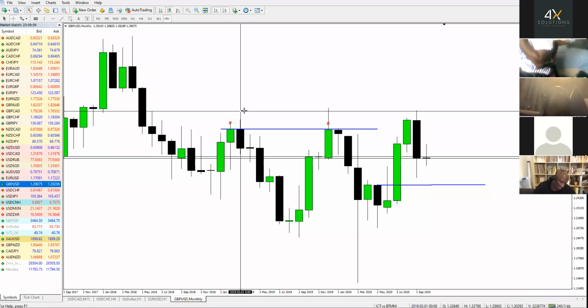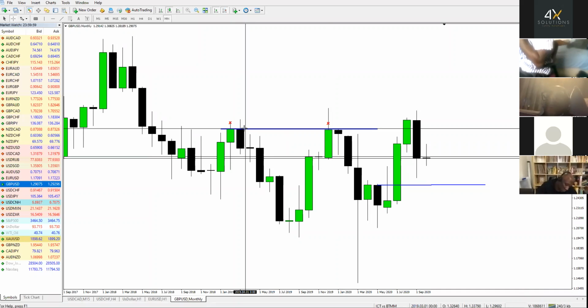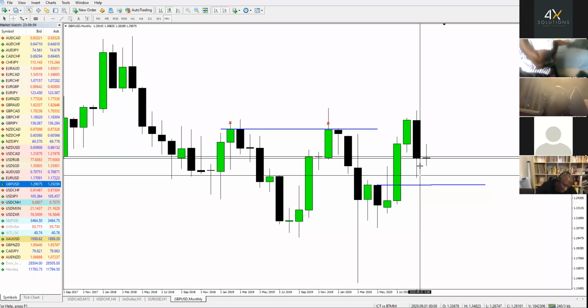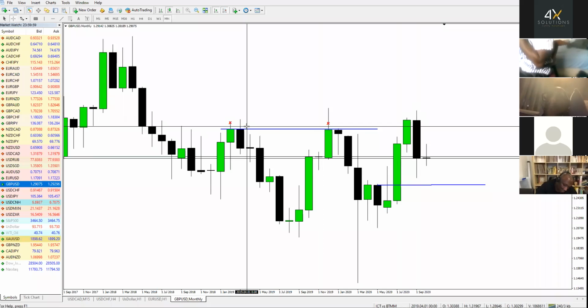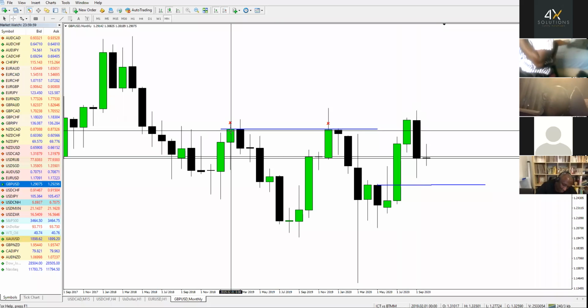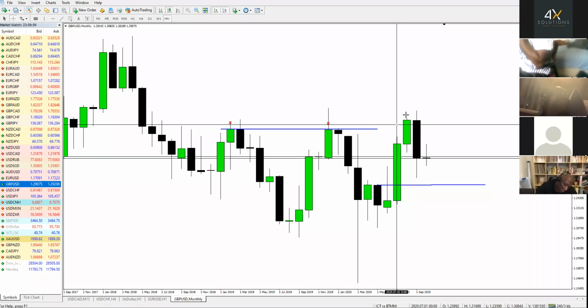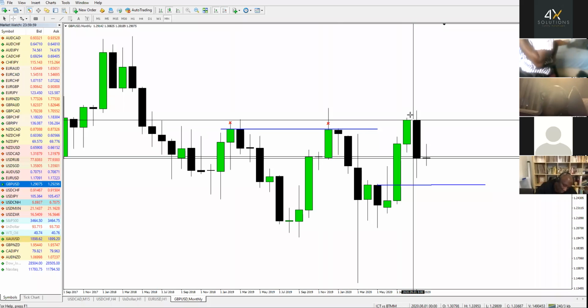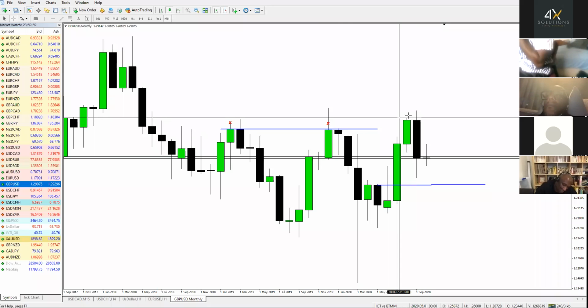In this example, it's a monthly chart, double top, equal highs, raids the liquidity, runs it down. Why does it do that? Breakout traders, people who sold many months ago, institutions, hedge funds, all have buy stops and sell stop losses here. So they raid the liquidity and run it down.